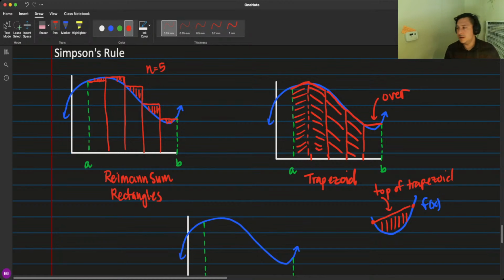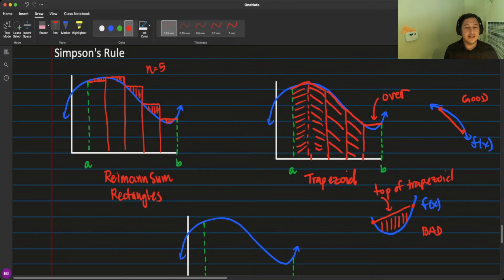Okay, so in the cases where the function was just going down like so, and the top of the trapezoid follows it decently, it provides a good estimate. So this one is good. This one over here is bad.